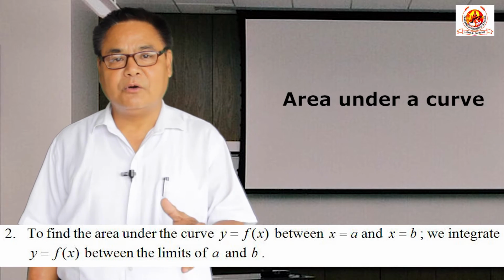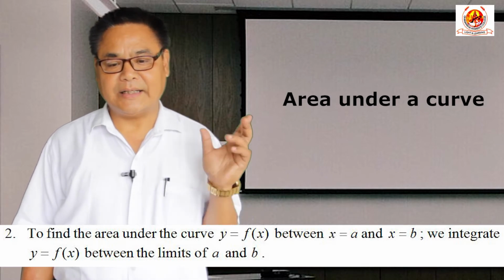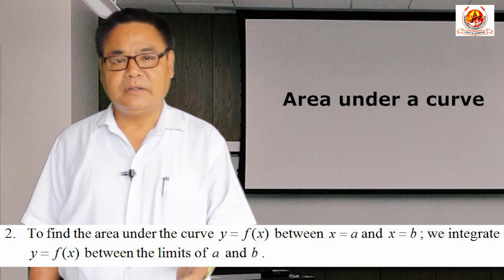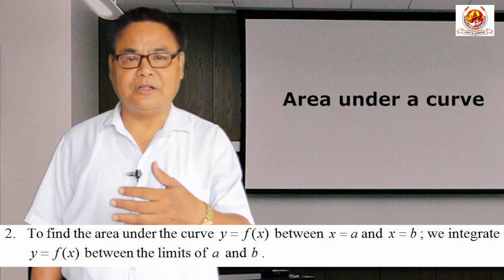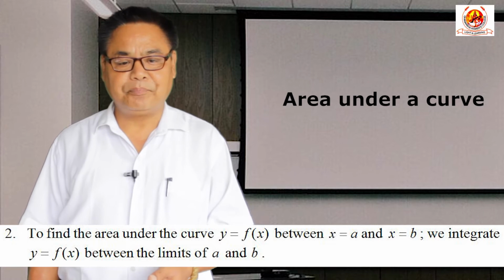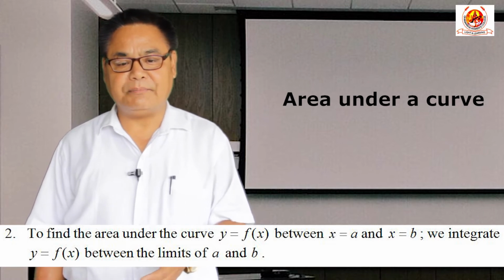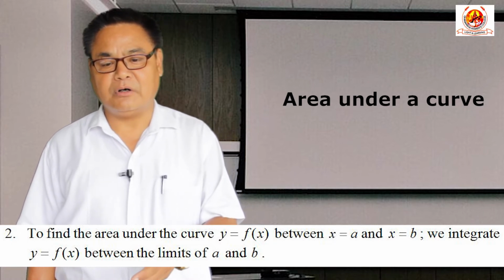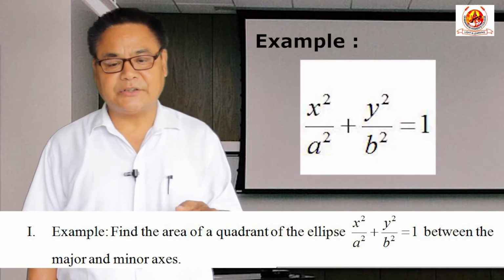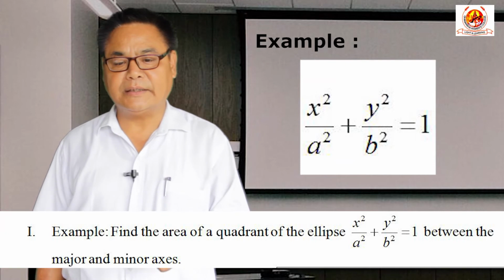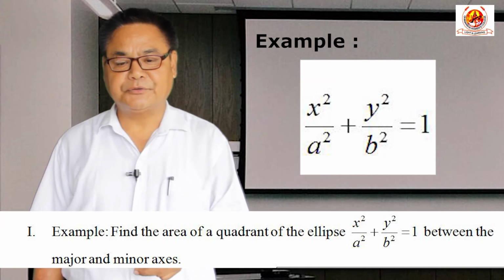Suppose y is equal to f(x), as I give here, between the intervals x is equal to a as the lower limit and x is equal to b as the upper limit. We integrate y is equal to f(x) between the limits a and b. One example we can cite is finding the area of a quadrant of the ellipse.